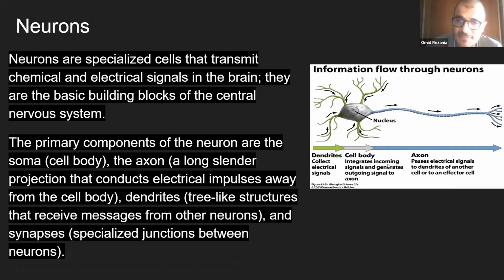This is the cell body, which is the soma, which has the nucleus inside, and there are dendrites, which receive messages from the surrounding neurons, and also that long projection, which is called the axon, which transmits and propagates and guides the received signals to the other neurons as a way of communication. Am I correct? Yes. Oh, that's very interesting. Please go on.